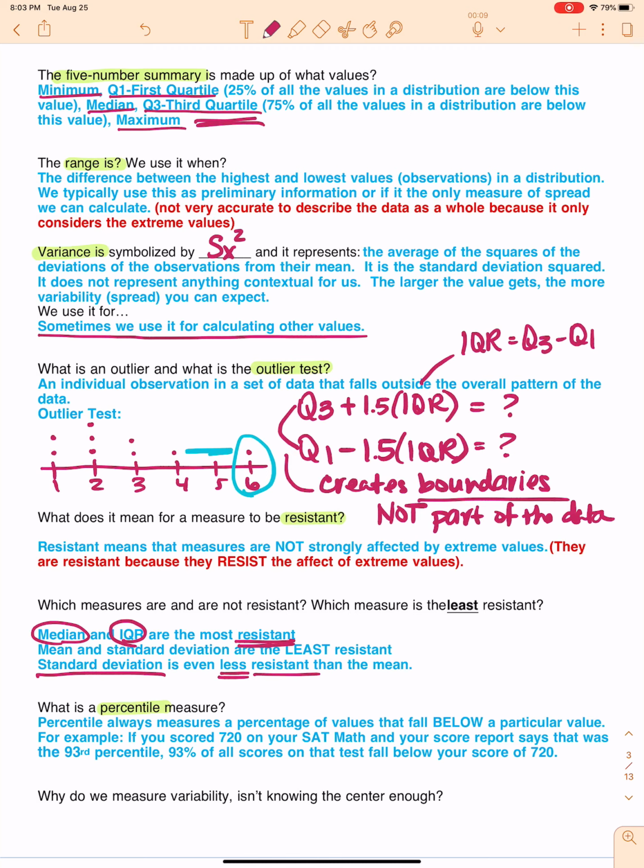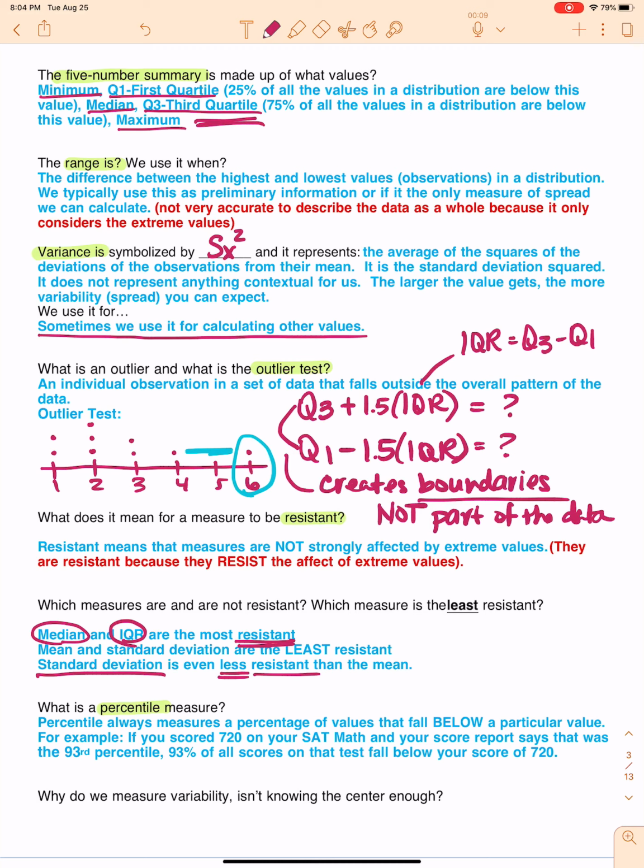Why is that? Because what the standard deviation does, and if I had written the equation out for you, you would see this mathematically, is it's an equation that takes every single distance from that mean value and calculates it.